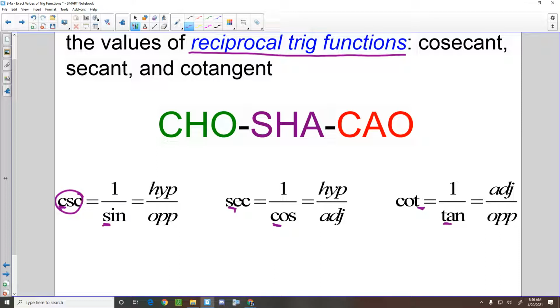Tangent and cotangent. Obviously, they both have the same word, so they go together. Those are each other's reciprocals. All right, so using the unit circle for these. If I ask you for the cosecant of an angle, what's that mean? What are we doing?